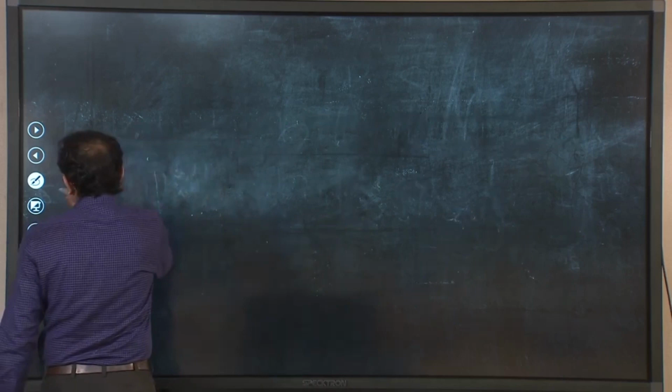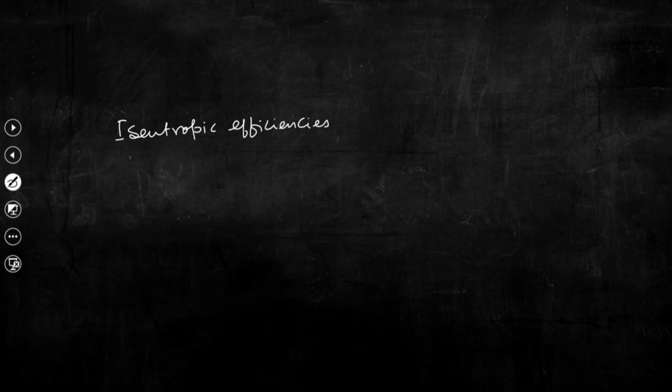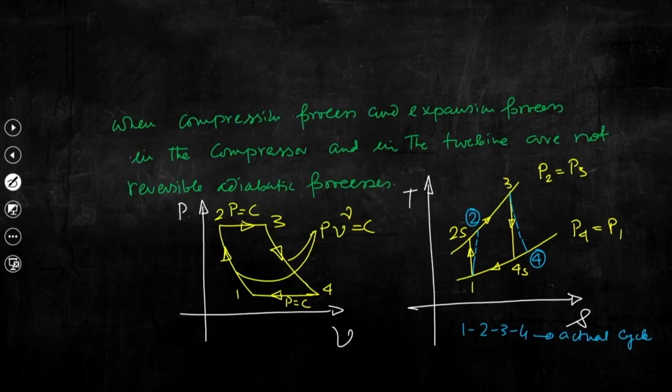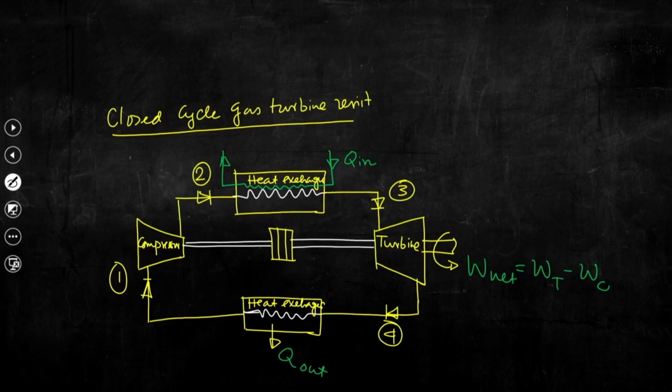So, the isentropic efficiency for the compressor, eta compressor isentropic, equals... See, a compressor is not a work producing device; it is a device which consumes work, a work absorbing device.